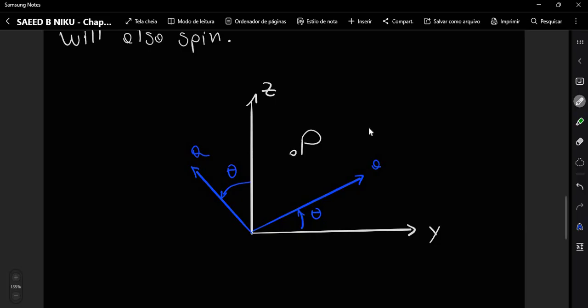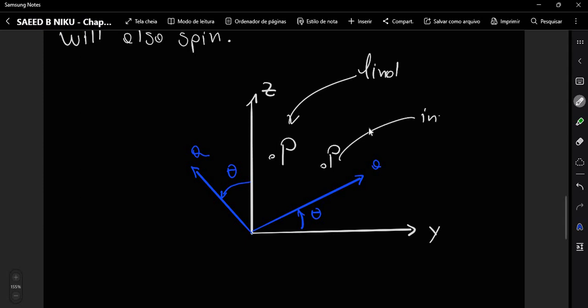So let me illustrate this. On the axis Y, the point P starts right here. Let's say right here. And after the rotation, this point P will be right here. So let's say that's the final position on the axis Y, and that is the initial position for this axis Y. So let me pass a dashed line.